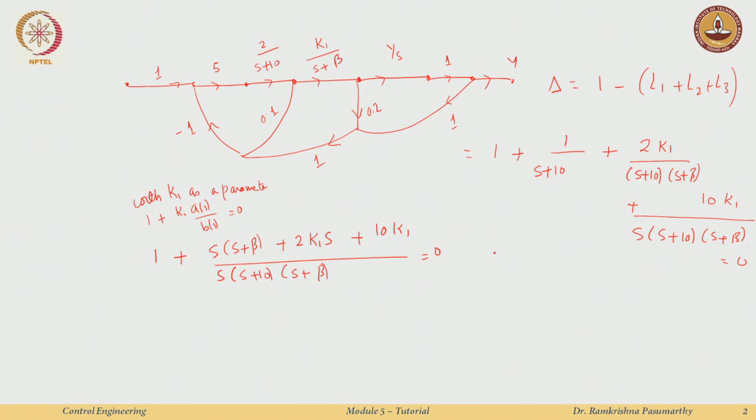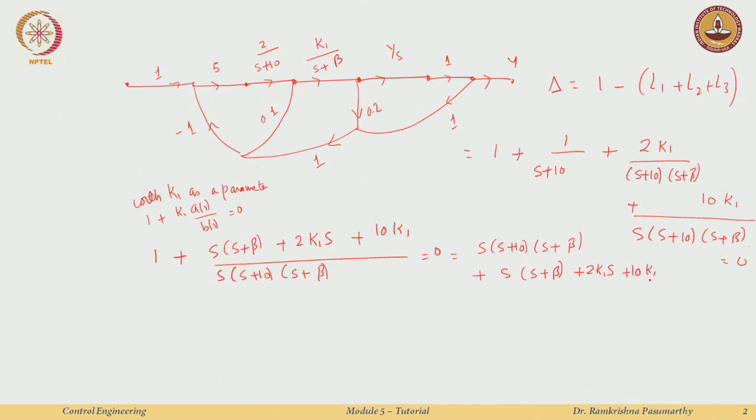Which I could also write as, this is equal to s plus 10 s plus beta plus s, again this entire thing, s plus beta plus twice k 1 s plus 10 k 1. Okay.